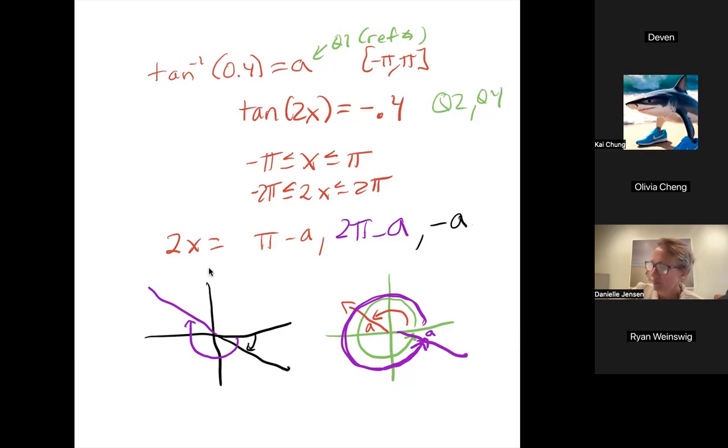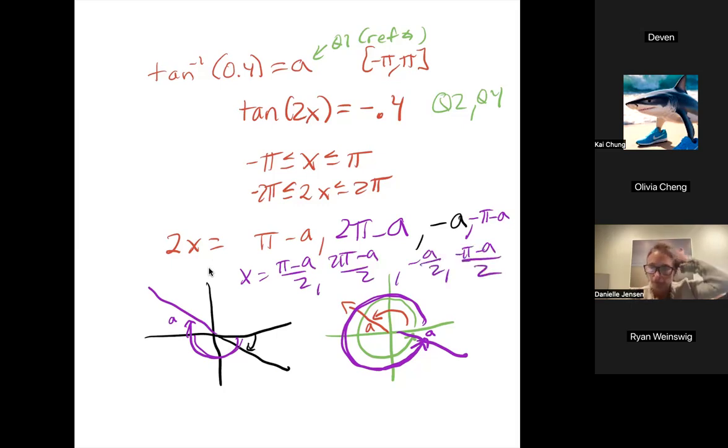Negative pi minus A. Yep, negative pi, and then you also have to subtract A, right? Because this distance would be A, so it'd be negative pi and then go negative A more. That's the hardest part. And now just divide everything by two. And that's it. Thank you. Yep.